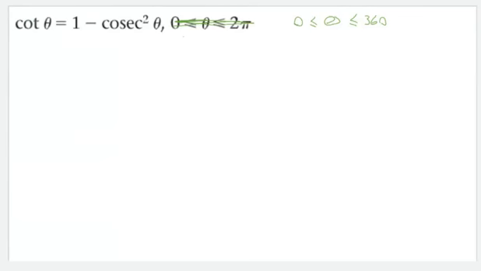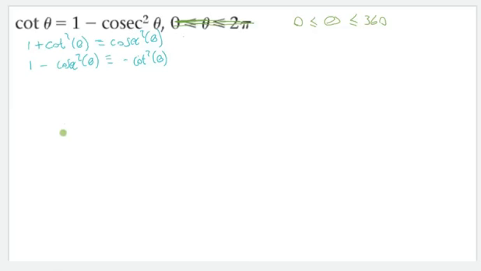So how do we start? You change 1 take away cosec squared theta with cot squared theta. Okay, so we'll just write the original identity just to be clear with that. So 1 plus cot squared theta is identical to cosec squared theta. So rearranging this identity, taking away cosec squared theta from both sides and taking away cot squared theta from both sides, we actually get 1 minus cosec squared theta is identical to minus cot squared theta.